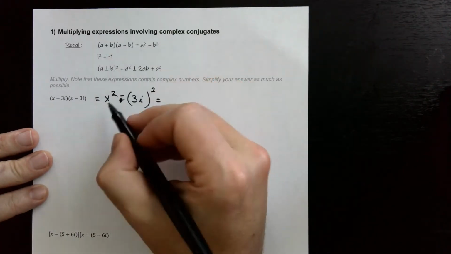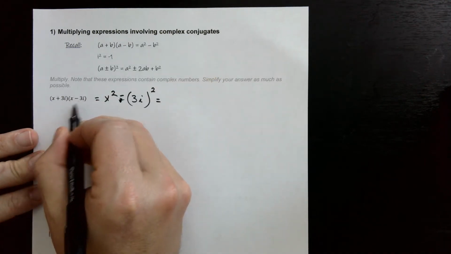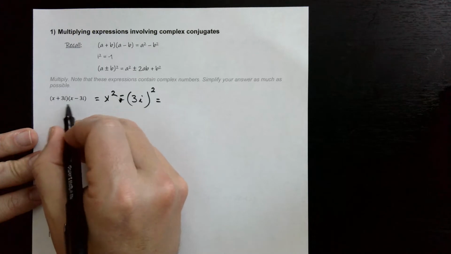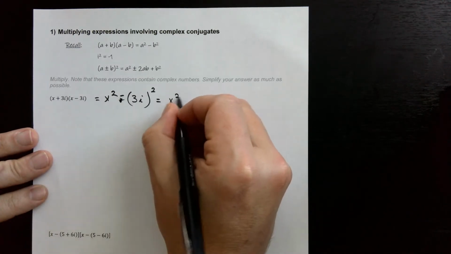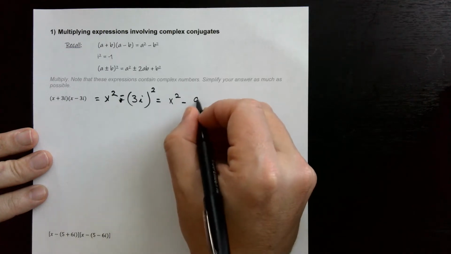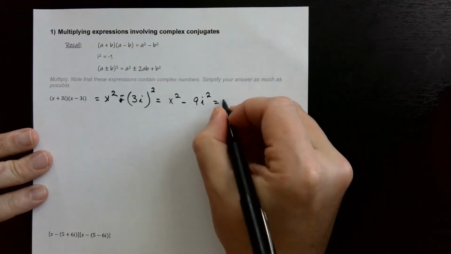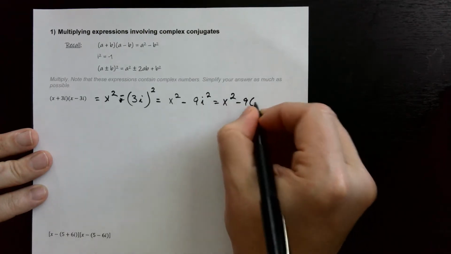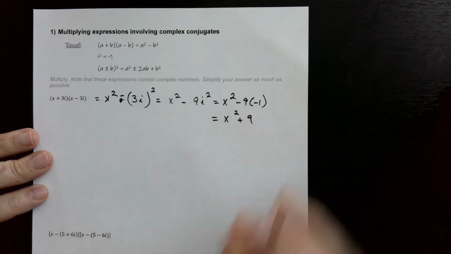According to the formula, the middle terms will cancel. X times this term is a negative 3ix, and then x times this term is a positive 3ix, so they're gone. That gives us x squared minus 9i squared. Remember, i squared is negative 1. So that's x squared minus 9 times negative 1, which is x squared plus 9.